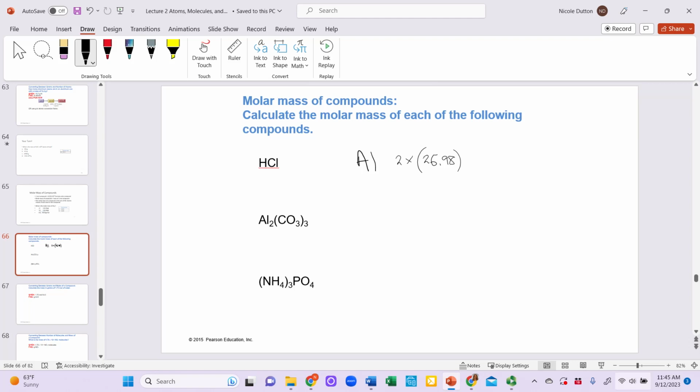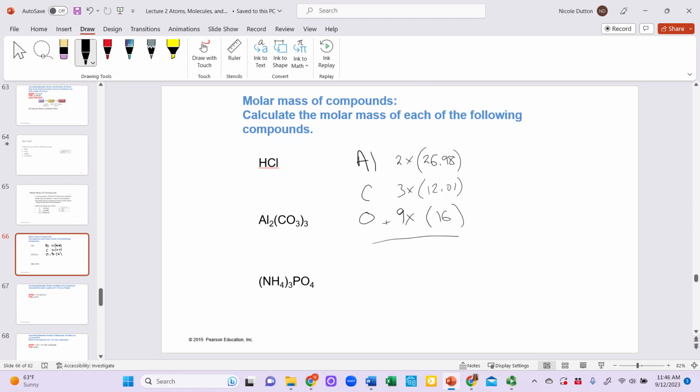So that actually makes that 3 carbon. So there's 3, and I know that carbon is 12.01 grams. For oxygen, this 3 gets carried in. We don't add them, we multiply them. So 3 times 3 is 9. And oxygen, I know, has a mass of 16 grams.